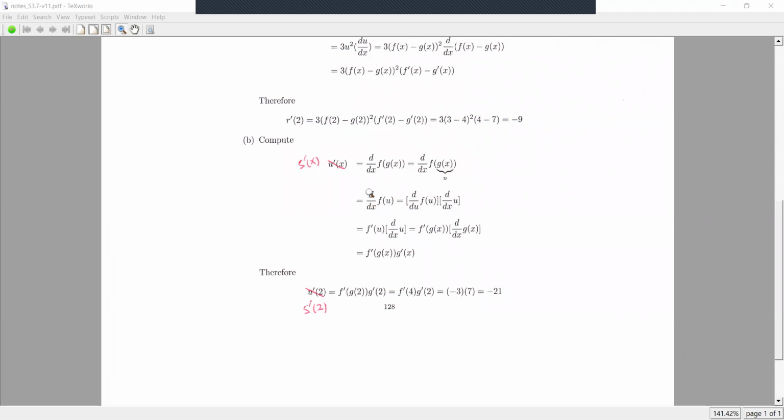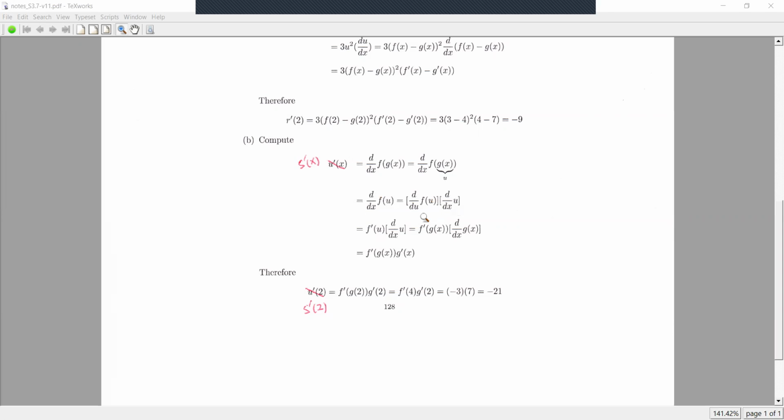In this derivative, u and x are different, so I cannot compute this derivative. To overcome the difficulty, I insert du in the denominator and put a du in the numerator. Then this derivative is equal to this derivative times this derivative. This step is the chain rule.